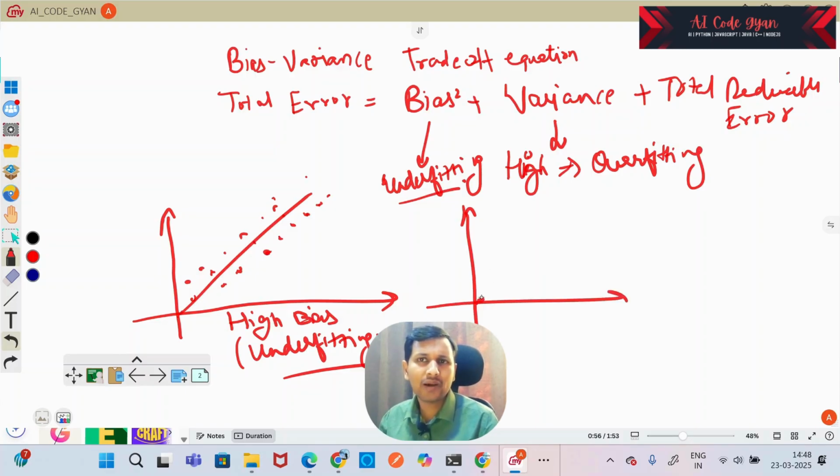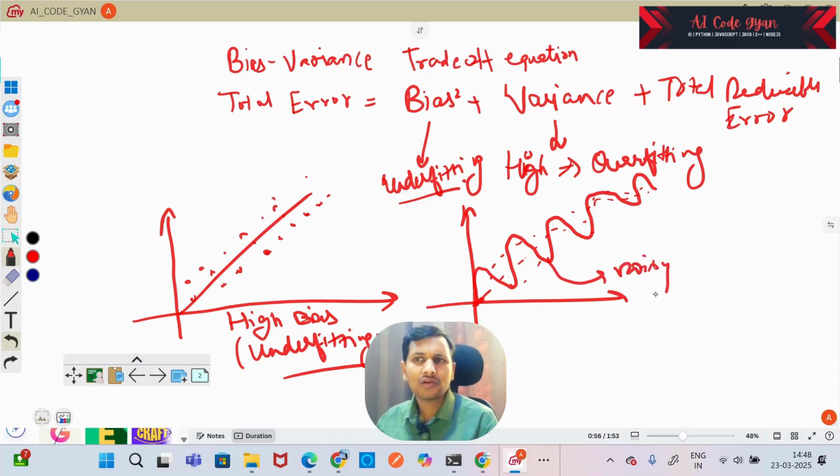So this model is very simple and this is a case of underfitting. And suppose we use a noisy curve covering all the points of the test data, then this is basically overfitting. So what it means is that this will have high variance.